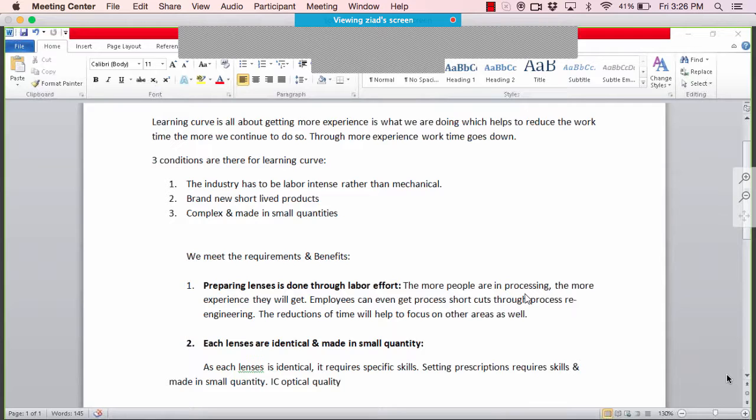The people are well trained, and they know the job, so the positive impact of the learning curve is limited here, right? So the conditions that you have to meet are correct, but also take into consideration what we just mentioned.